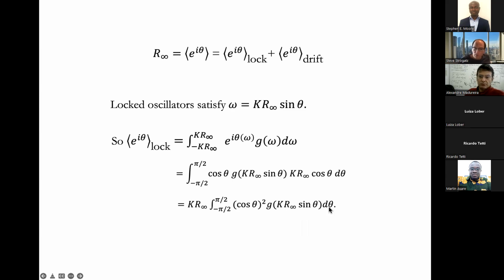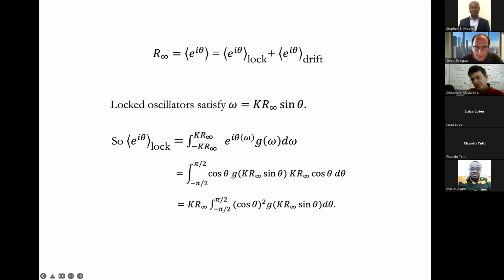And Kuramoto assumed that g was of that form, so he could do that integral. That's the distribution that basically looks like 1 over 1 plus omega squared. It has heavy tails, but it's a nice bell-shaped distribution. But he can do the analysis for any g that has a bell shape.